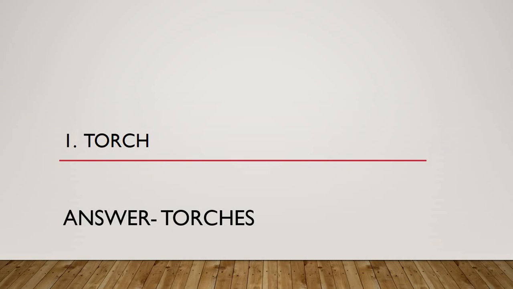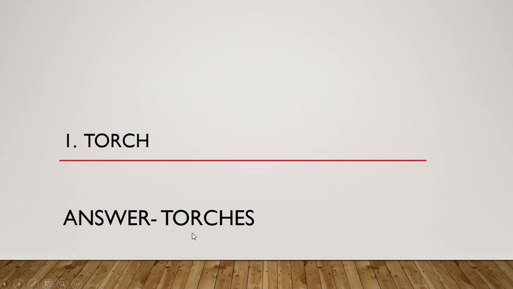The correct answer is torches. Okay. If you have not written it this way, please write it down. And those who have written it, please repeat after me 2 times. Torch, torches. One more time. Torch, torches.